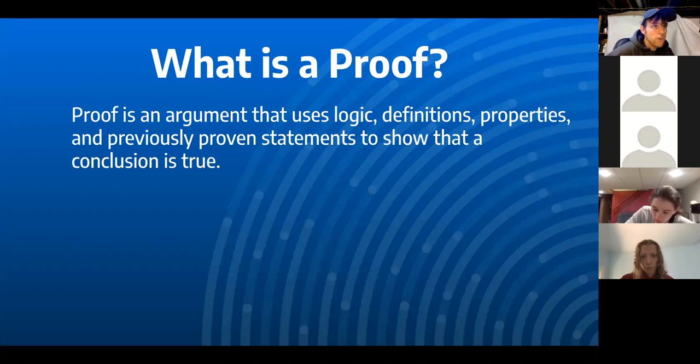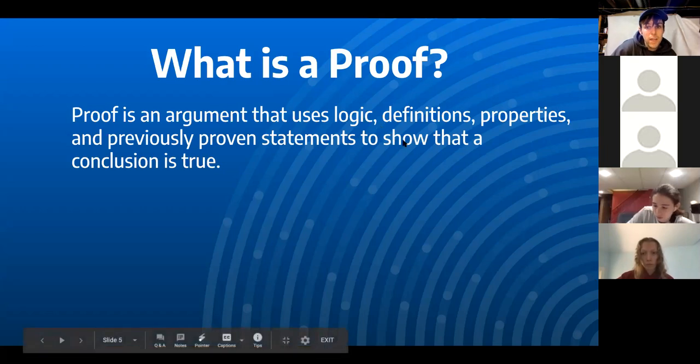I'm using the word conclusion there in the same manner that we would have in a conditional statement. So when we're writing a proof, we have some sort of a hypothesis, some initial given information, and we're trying to show that based on that hypothesis, our conclusion is true. And the connector between those things is going to be our logic.